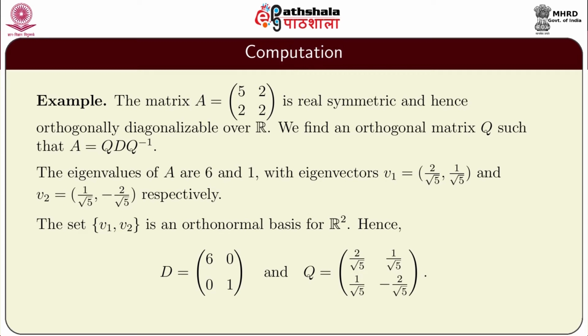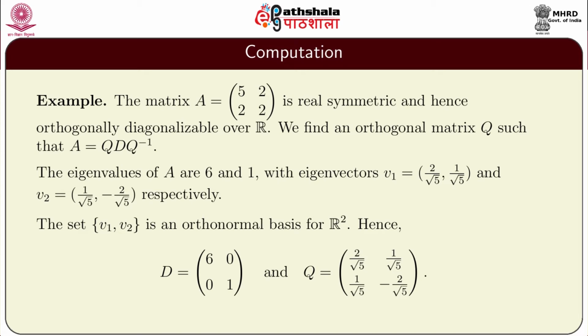The eigenvalues of A are 6 and 1 with eigenvectors V1 equal to 2 over root 5, 1 over root 5, and V2 equal to 1 over root 5, minus 2 by root 5, respectively. Now, the set containing V1, V2 is an orthonormal basis for R2, and therefore the diagonal matrix D is 6 0 0 1.